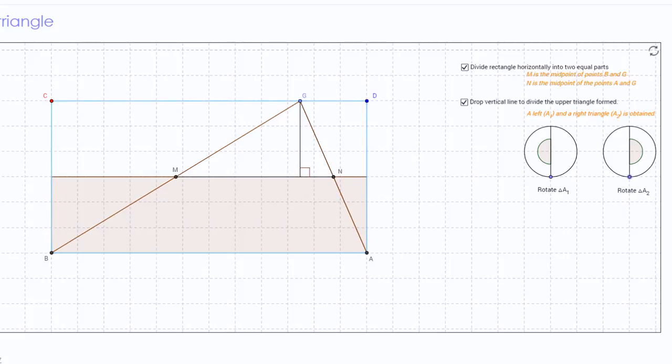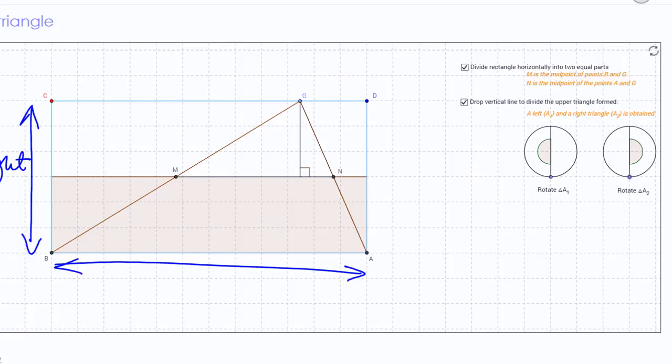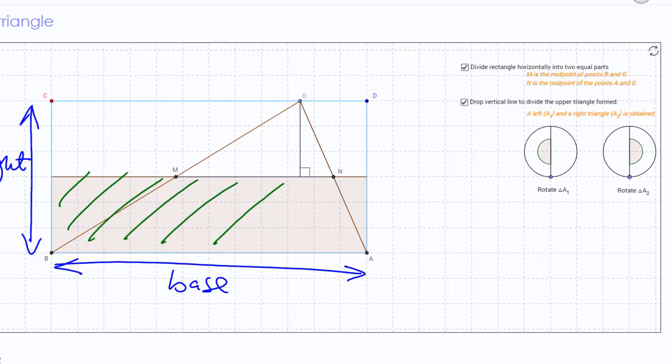Now we know that suppose this is the height, and that's the base of the original rectangle. We can see that what we have here is half of the original rectangle.